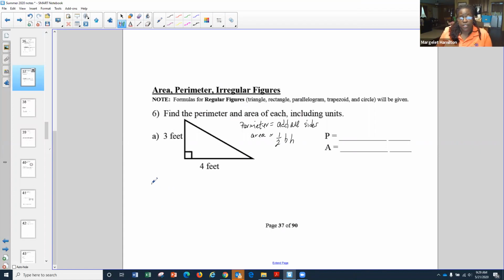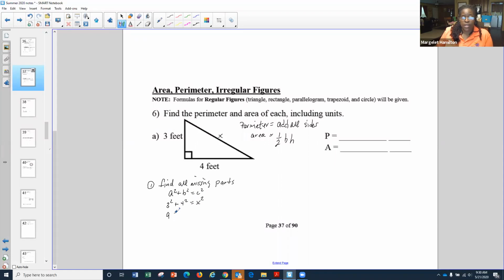So first, find all missing parts. Here we're going to find our x. So we have a squared plus b squared equals c squared. So we have 3 squared plus 4 squared equals x squared.